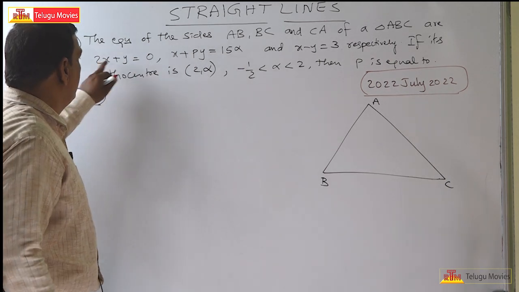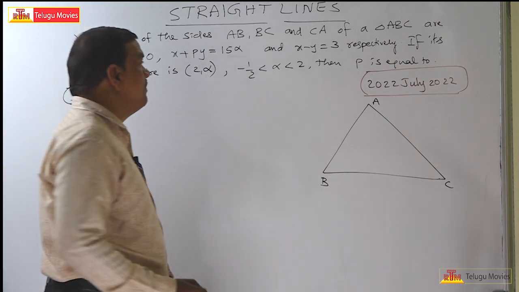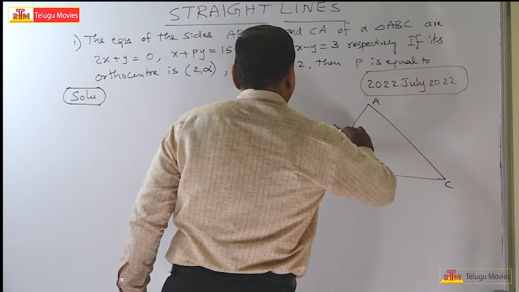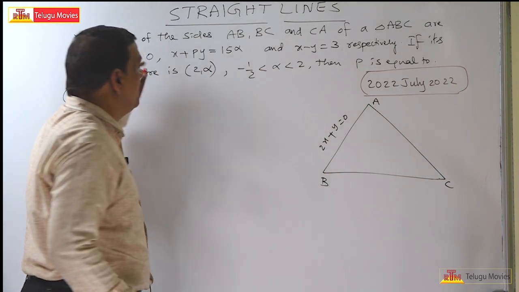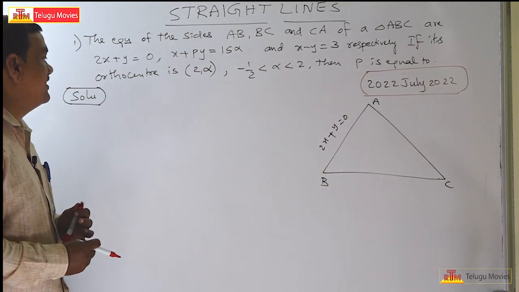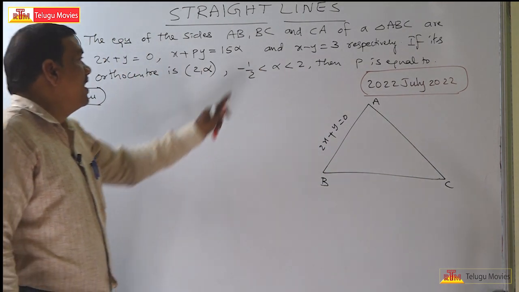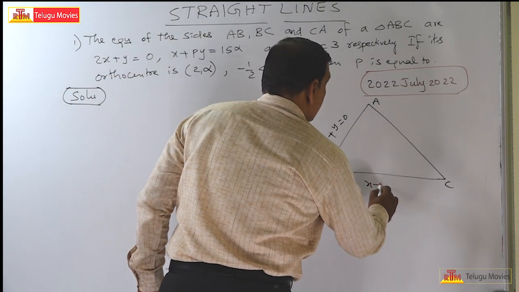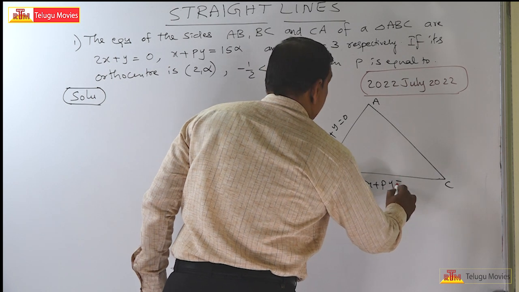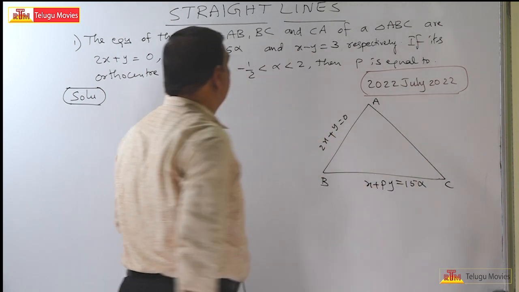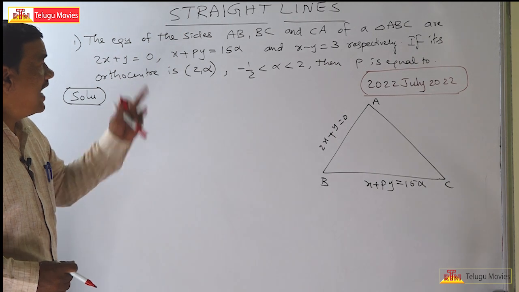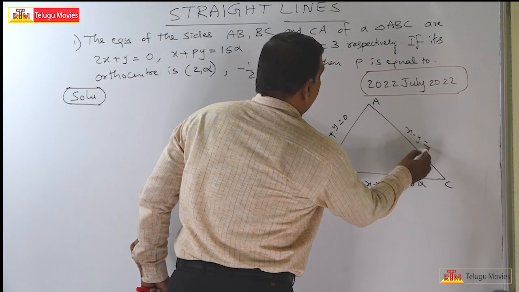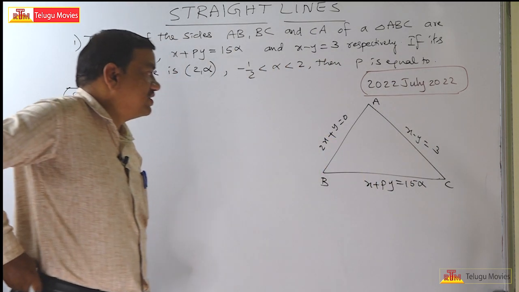The AB equation is 2x plus y is equal to 0. The BC equation is x plus py is equal to 15 alpha. And the CA equation is x minus y is equal to 3.